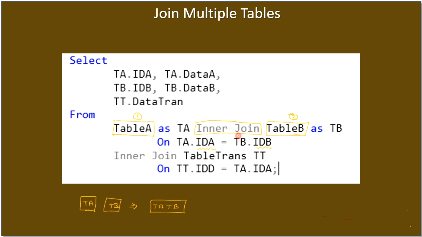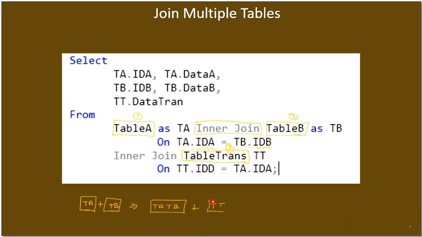From this resulting table, we want to perform one more inner join with table trans. So this is the third table, table trans TT.